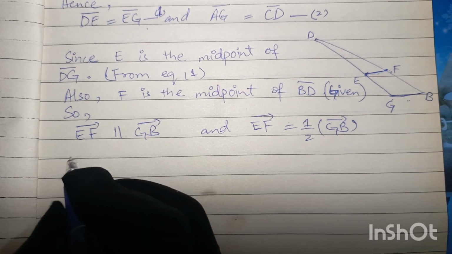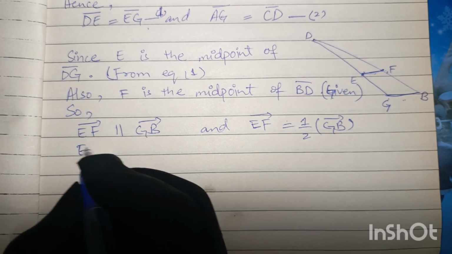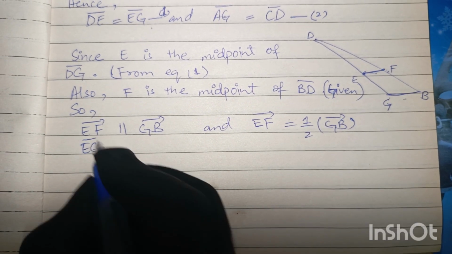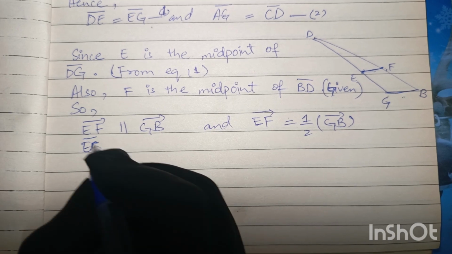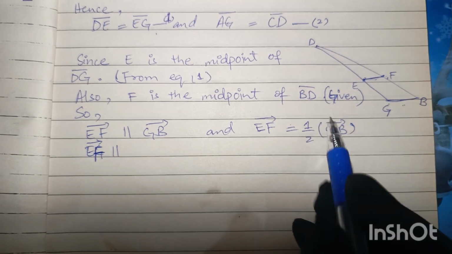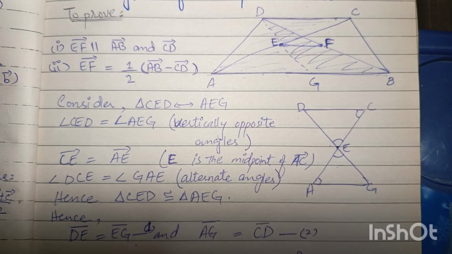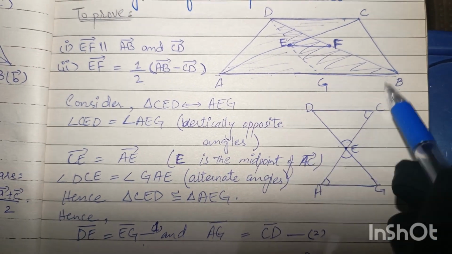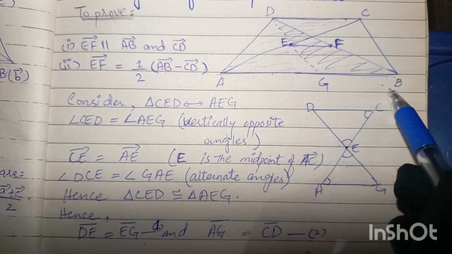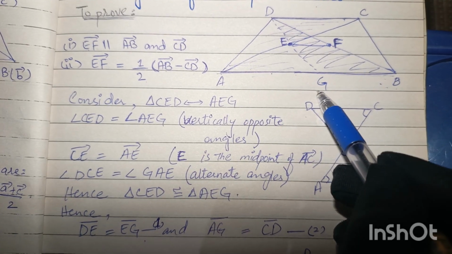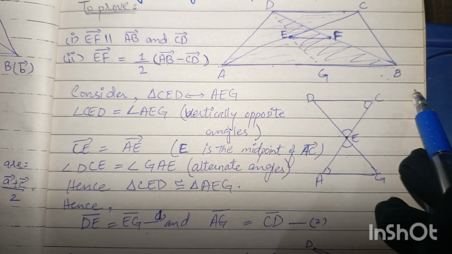Hence we can write EF is parallel to GB, and GB is a part of AB. So if EF is parallel to GB, then EF is parallel to AG also, or AB also.